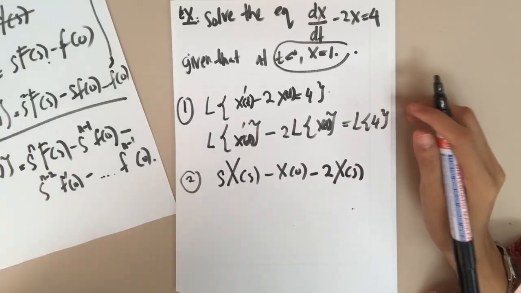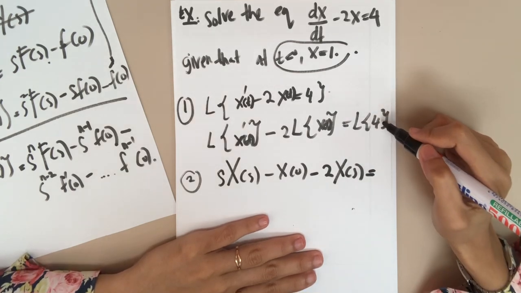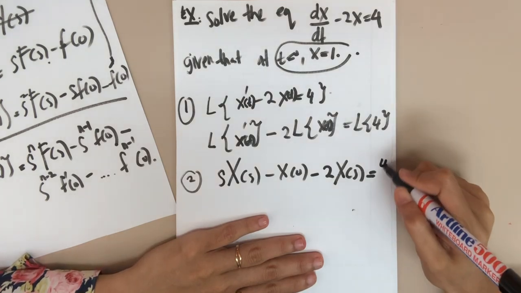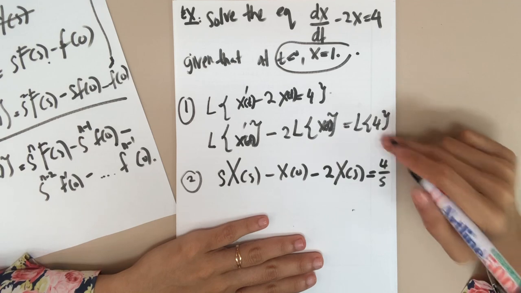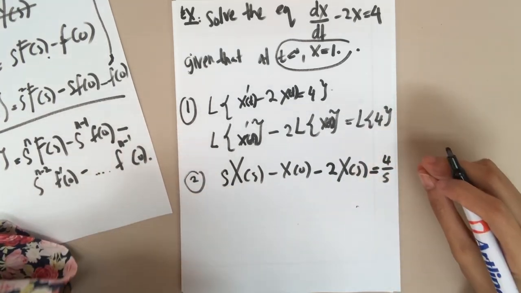Then this equals the Laplace transform of 4, and you can use your table directly to get the answer 4 over s. Now you will substitute the initial condition here.